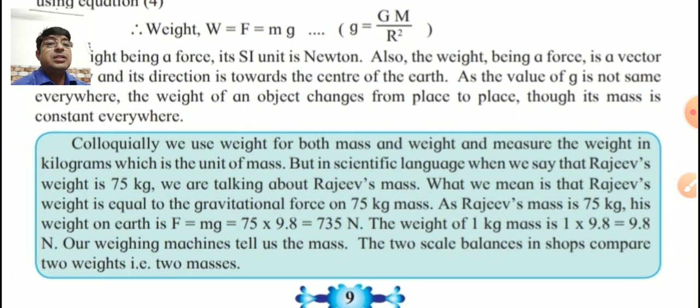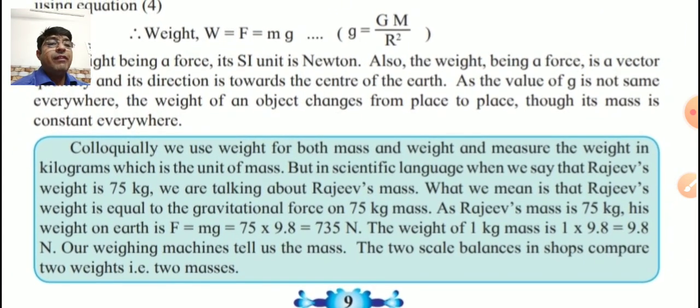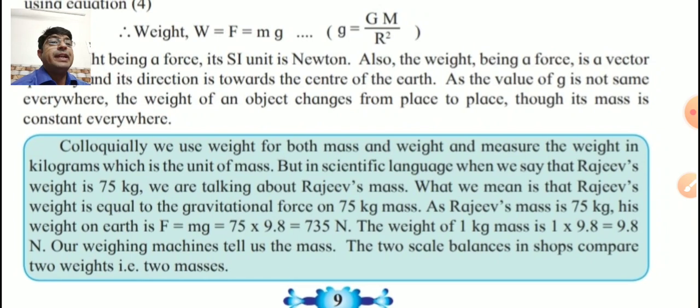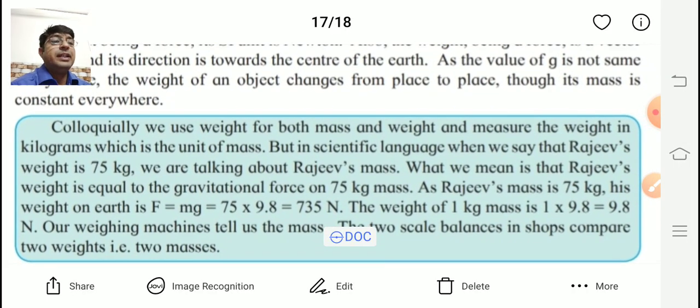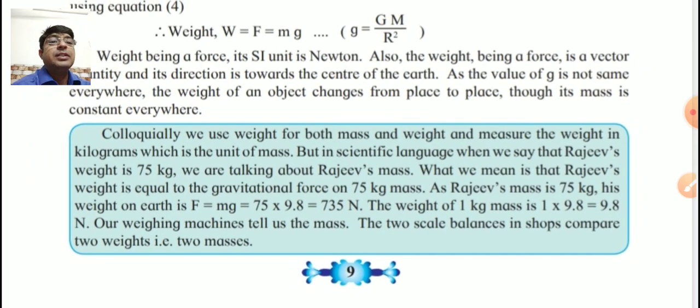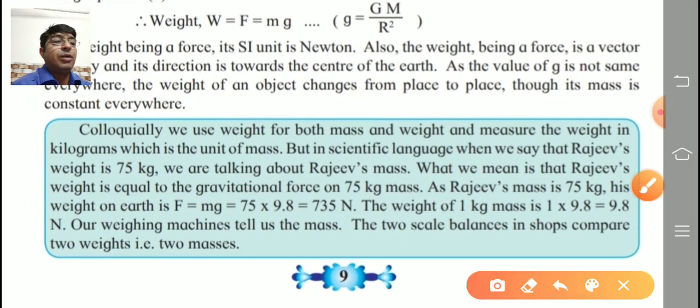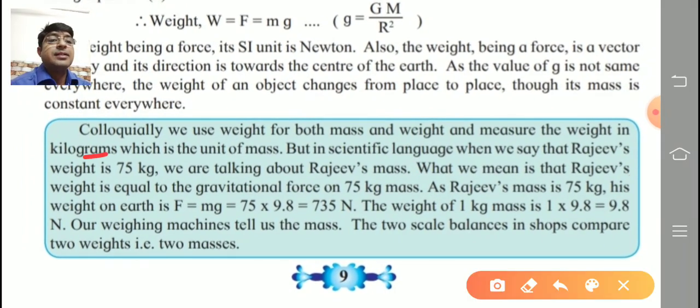Now remember this. Colloquially, we use weight for both mass and weight and measure the weight in a kilogram, which is the unit of mass. We measure the weight and mass in kilogram, but kilogram is actually the unit of mass.